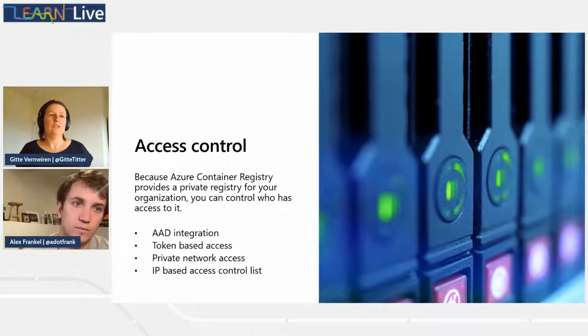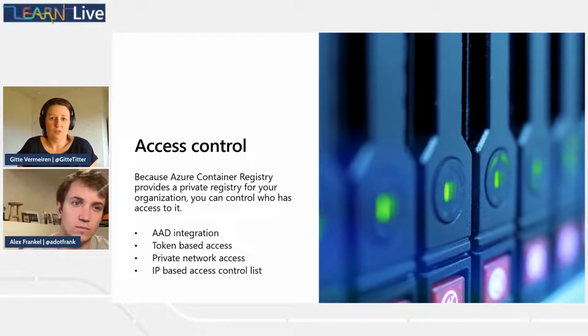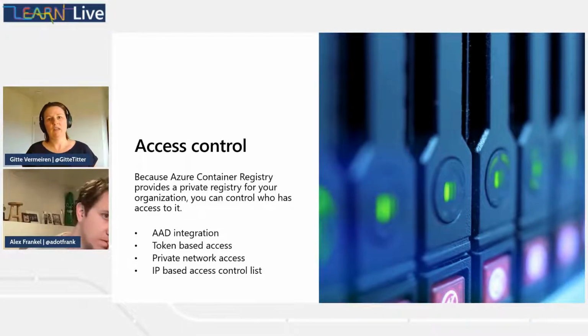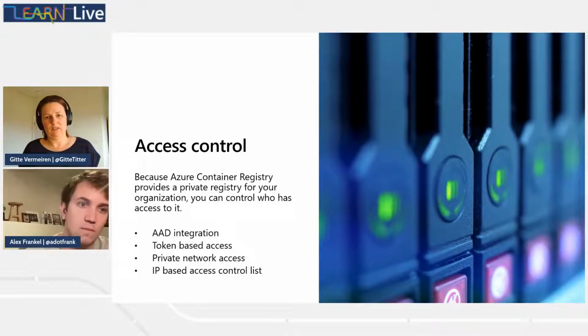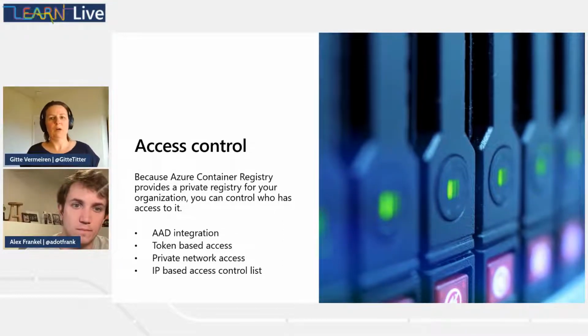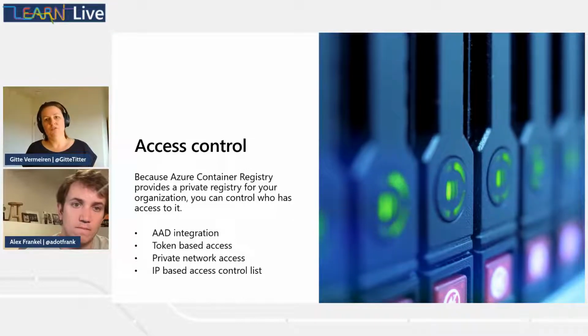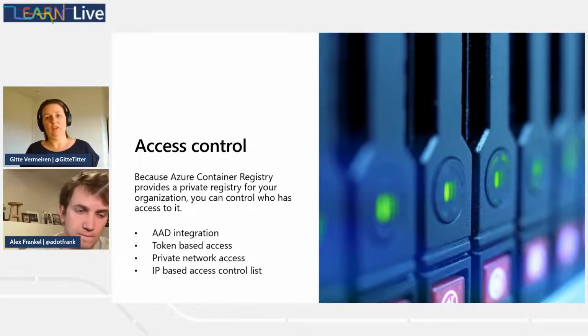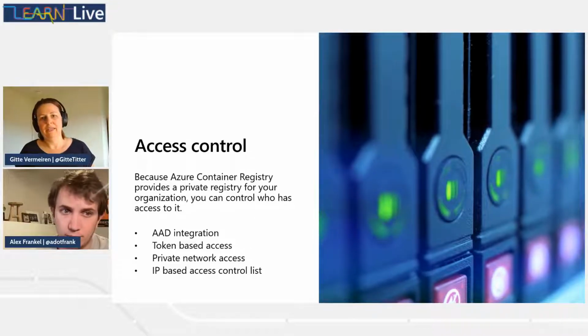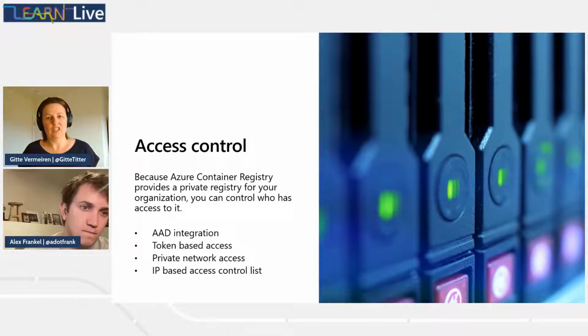You can also look at token-based access control, which is just built into Azure Container Registry. And you mentioned the private network access. In case people want to further lock down the container registry on top of authentication and authorization, they can just integrate this in their private network.